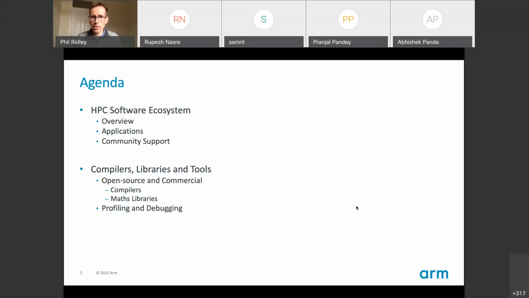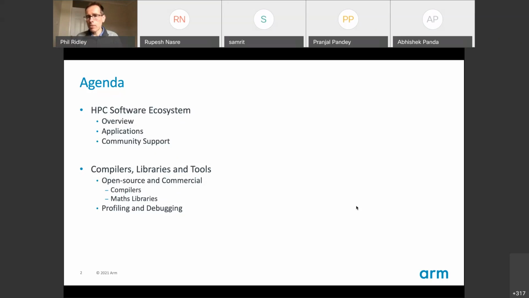Also, how we engage with the community to help get applications working on ARM-based HPC architectures. For the remainder of the talk, I'll go into more detail about the compilers, libraries, and other tools that are available for ARM-based HPC architectures.